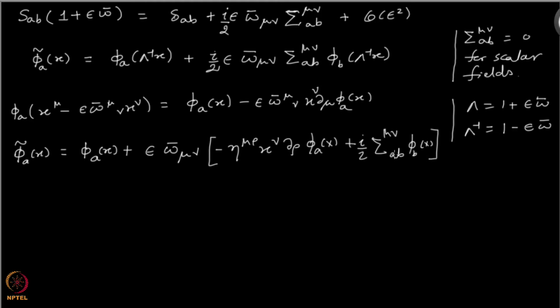Okay, let me check whether the expression is correct: x nu del rho phi a of x plus i over 2 sigma mu nu AB phi b of x. Perfect, this is right. Okay, so that is how my field transforms.